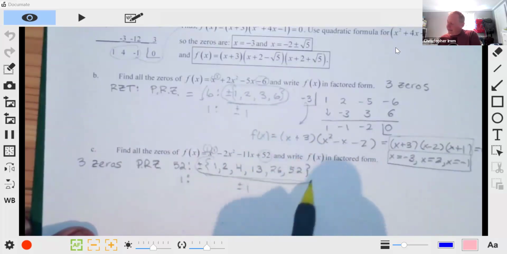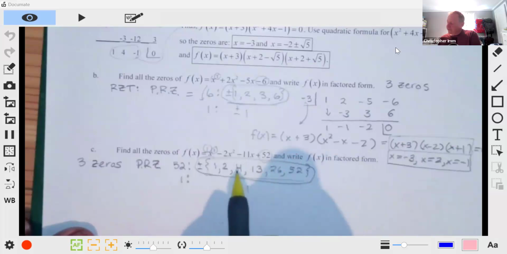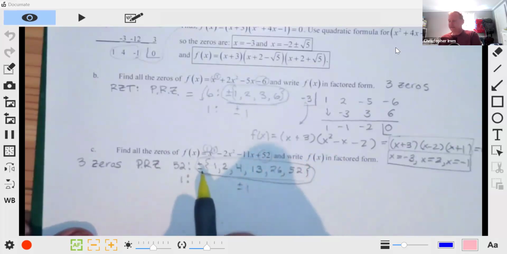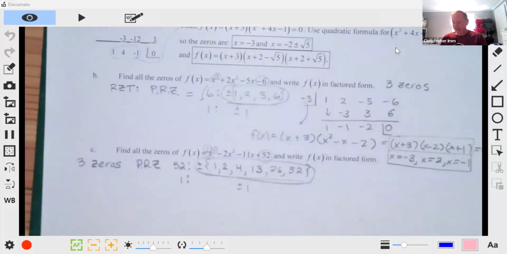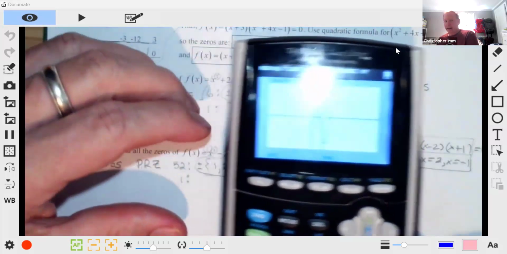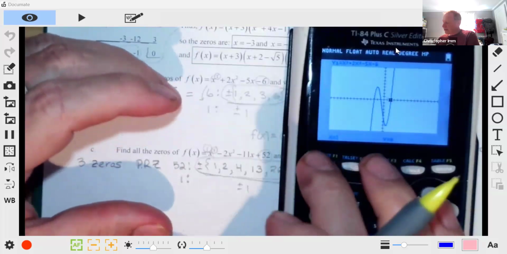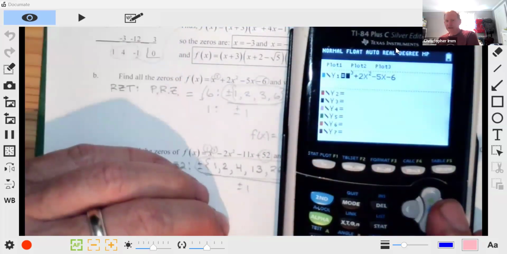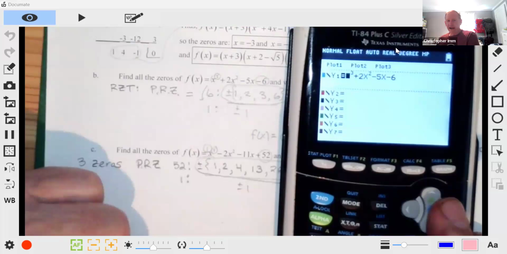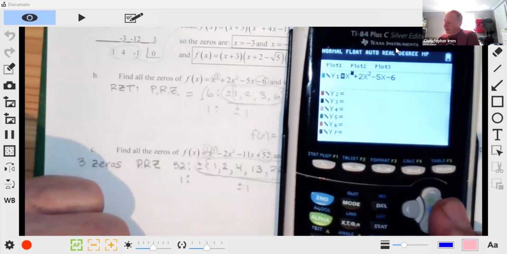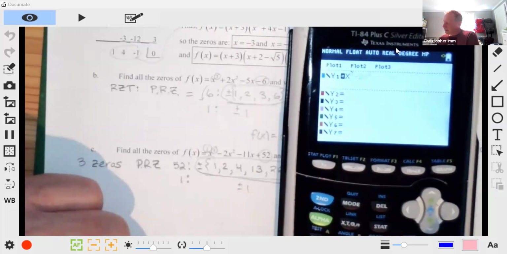But now we have a lot more. We have 1, 2, 3, 4, 5, 6 doubled because it's plus or minus. So we have 12 possible zeros. I'm going to go ahead and give this guy a sketch. So I'll go into my y equals. We'll do x cubed minus 2x squared minus 11x plus 52.